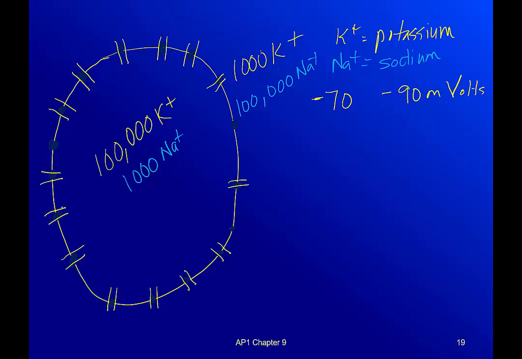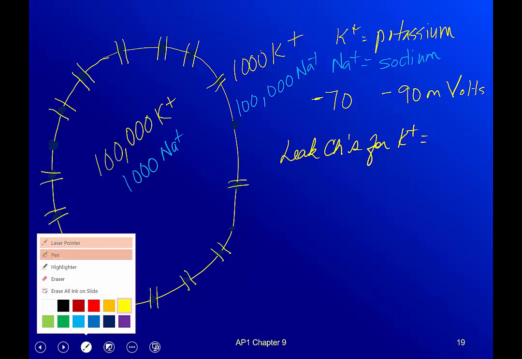Now, how many leak channels do I have for potassium? 1, 2, 3, 4, 5, 6, 7, 8, 9, 10, 11, 12, 13, 14.